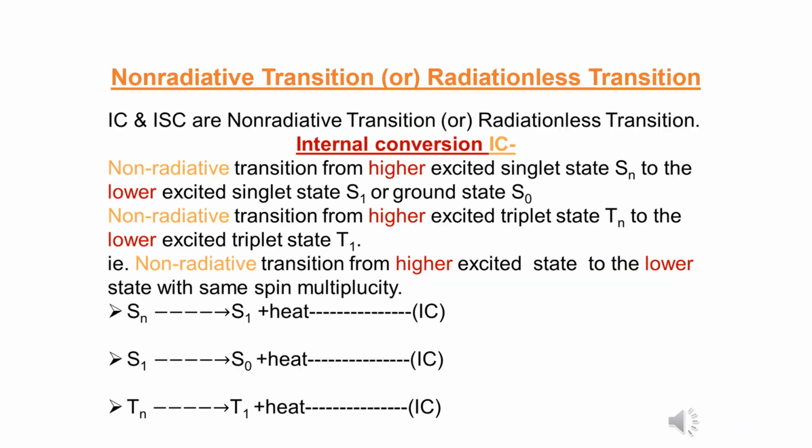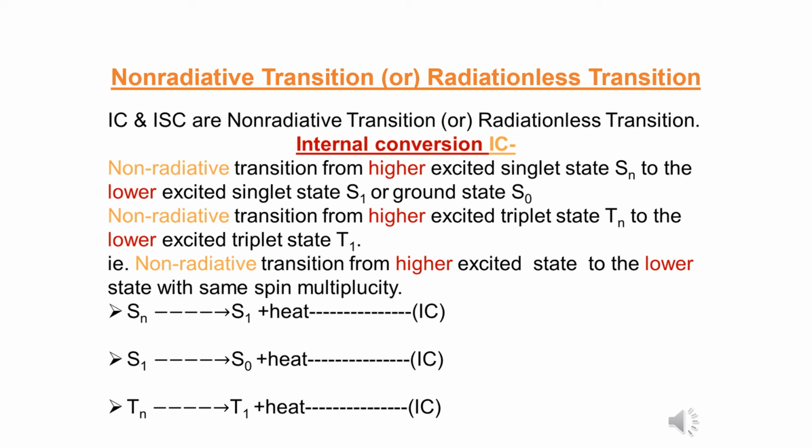Once again, this slide shows explanation about non-radiative transition and radiationless transition. So non-radiative, radiationless, both are same. So in this topic, what are the transitions? One is IC, another one is ISC. IC and ISC are non-radiative transition or radiationless transition.